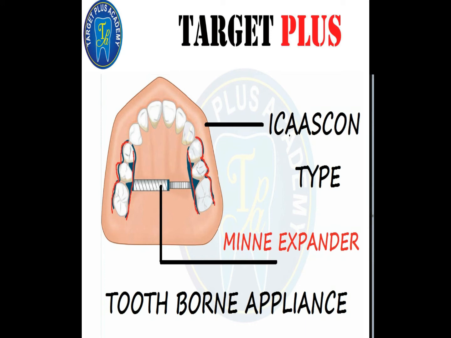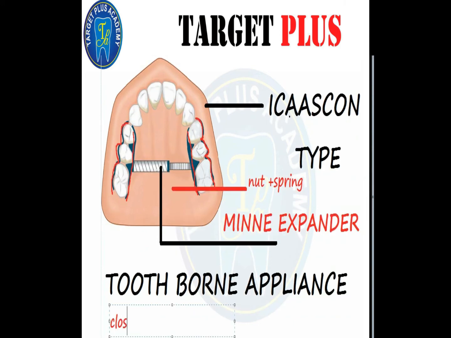Now this Minne expander consists of a coil spring. There will be a coil spring having a nut that can compress the spring. So this coil spring is made to extend between the lingual metal flanges that have been soldered.